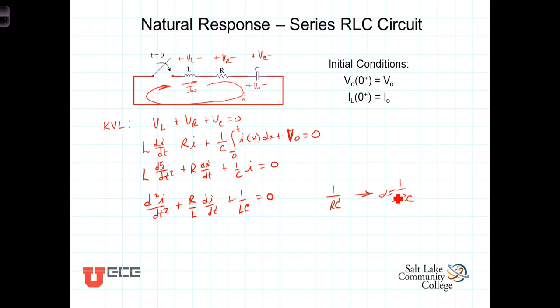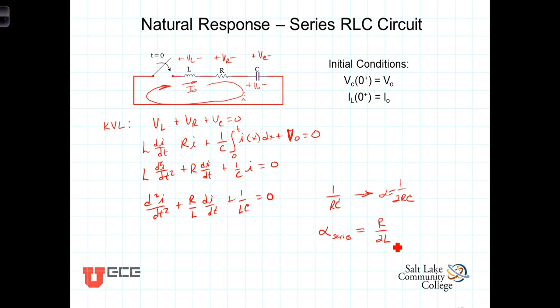So just as we defined alpha to be 1/2 of the constant here, we're going to define alpha for the series connected circuit to be R over 2L. And with that one change, the solution process to the series natural response is exactly the same as it was for the parallel natural response.